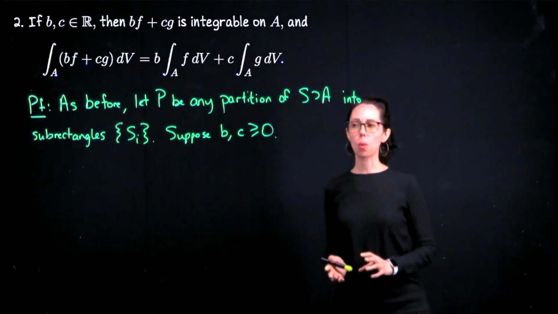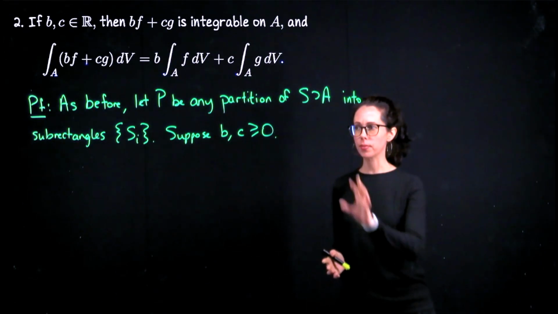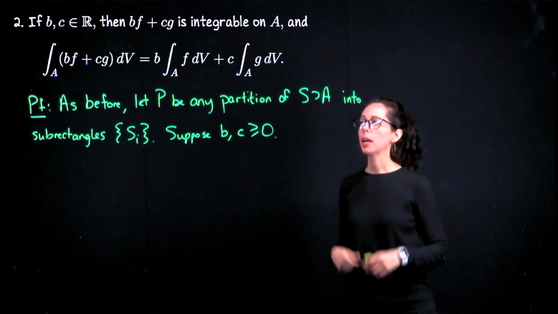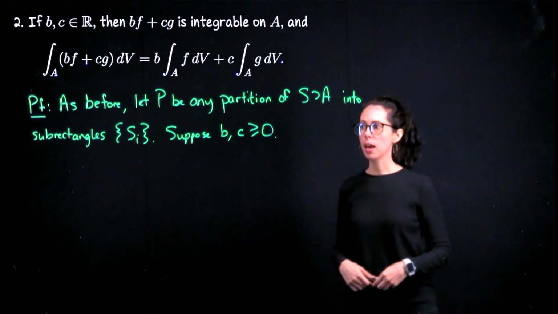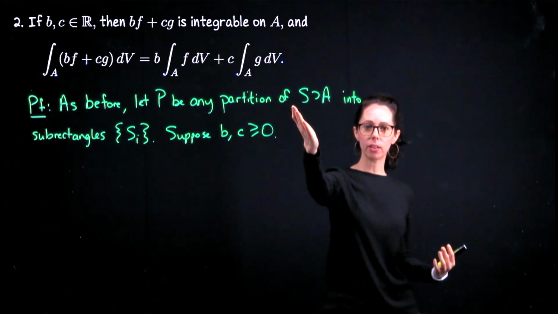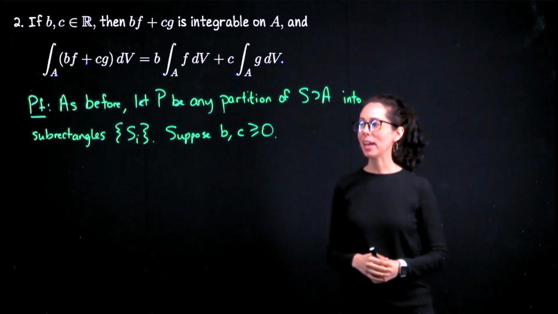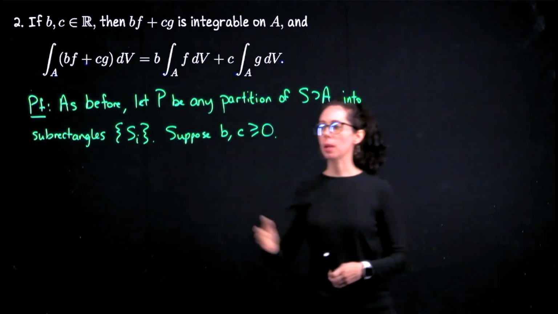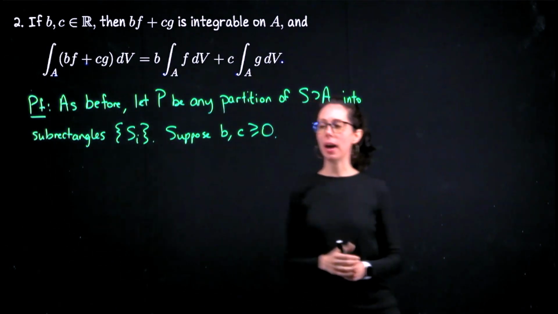The start of our proof is almost exactly the same as the previous one, so I've done it here quickly and concisely. Just like in the previous exercise, let P be any partition of a nice enclosing rectangle S enclosing the domain A into a finite collection of subrectangles, which we will call S sub i.